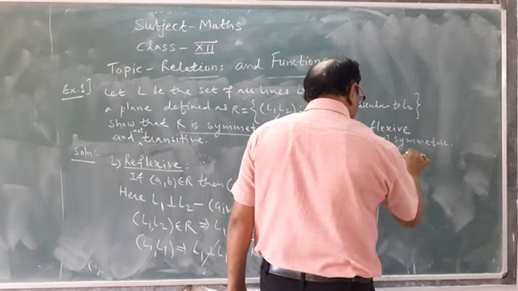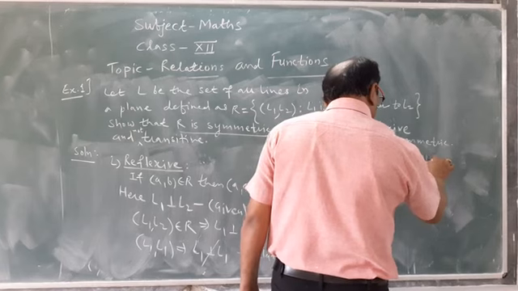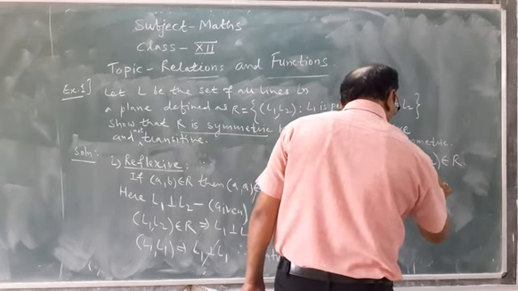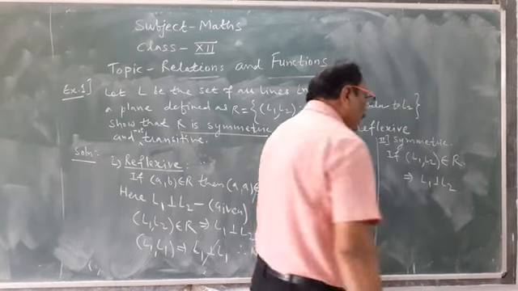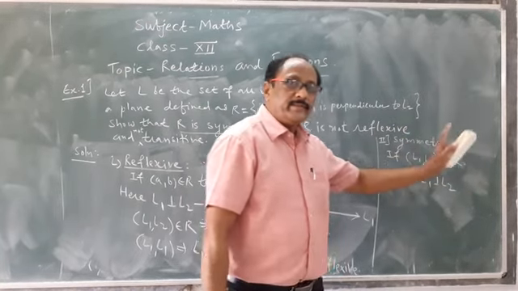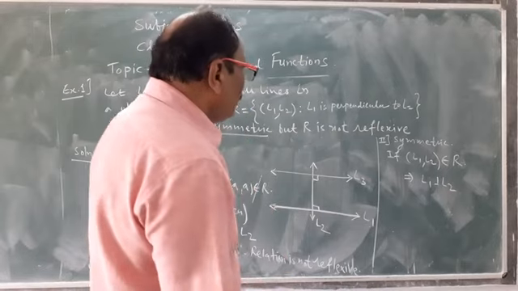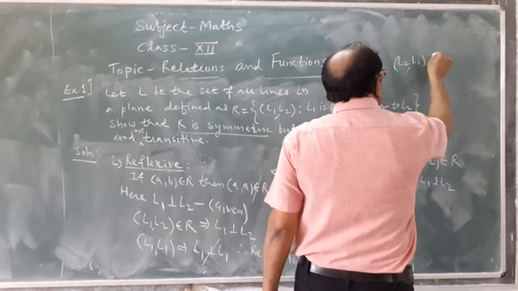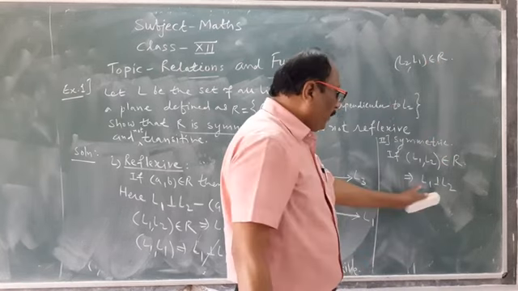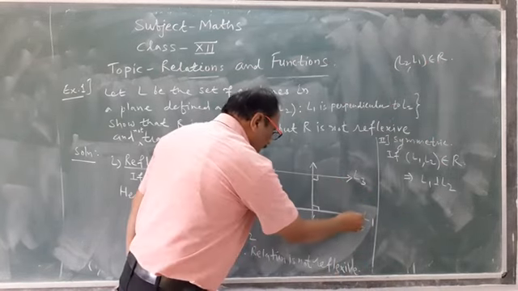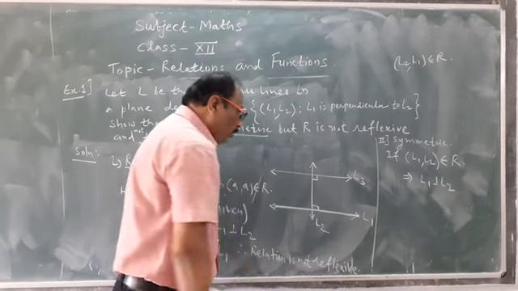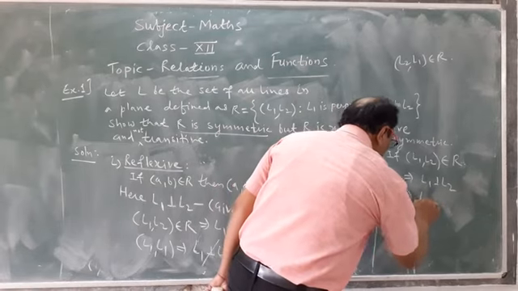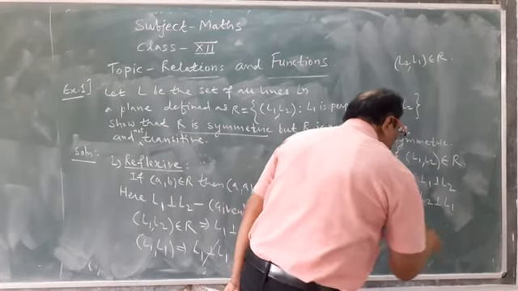If L1 is perpendicular to L2, the meaning of this is (L1, L2) belongs to R. Then in a symmetric relation we have to prove that (L2, L1) belongs to R. If L1 is perpendicular to L2, yes, then L2 is perpendicular to L1.